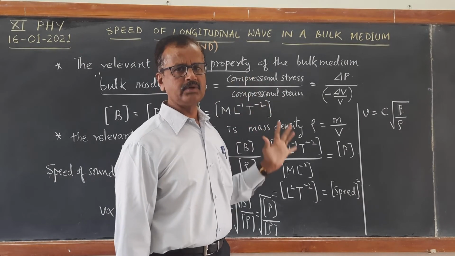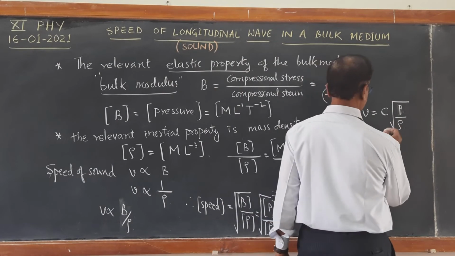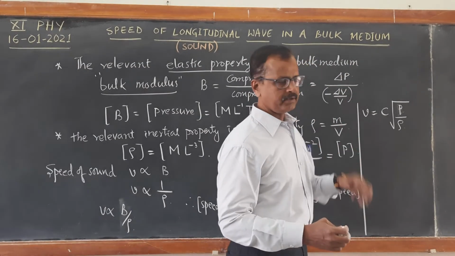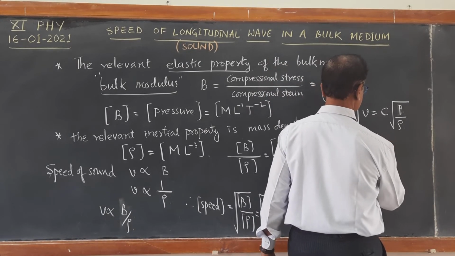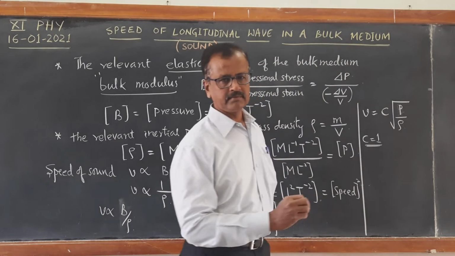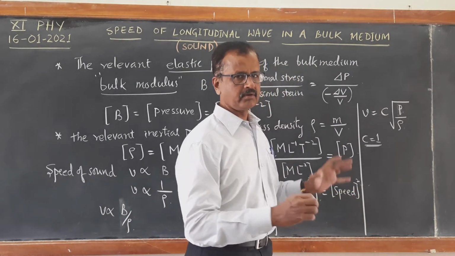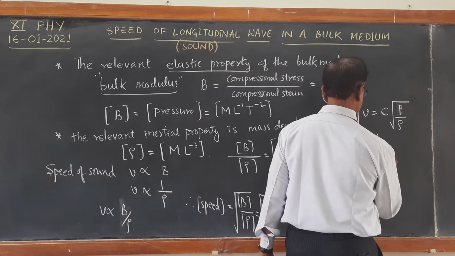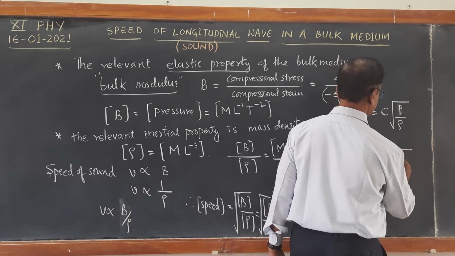These are called Newton's formulae, Newton's analysis. When Newton derived it exactly, without the dimensional formula, he found that C is equal to 1 in the exact theoretical derivation, which we are not following. So when C becomes 1, V becomes square root of P by rho.